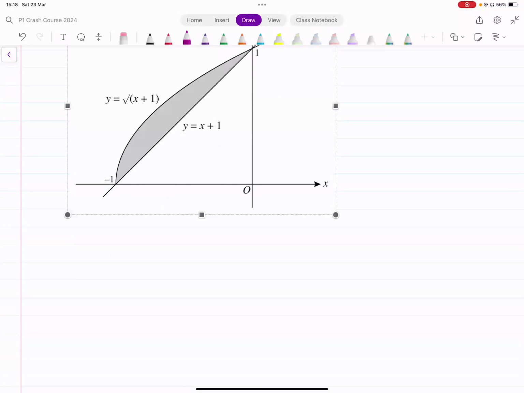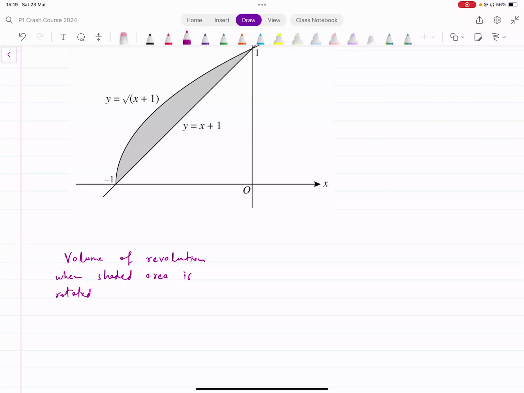How do you do that? Volume of revolution when shaded area is rotated 360 degrees about x-axis.